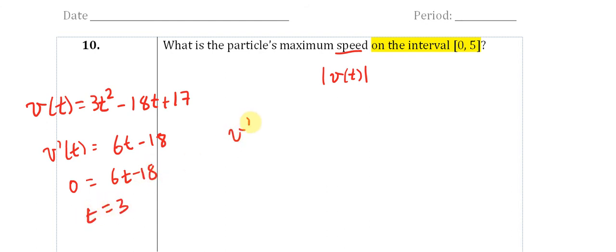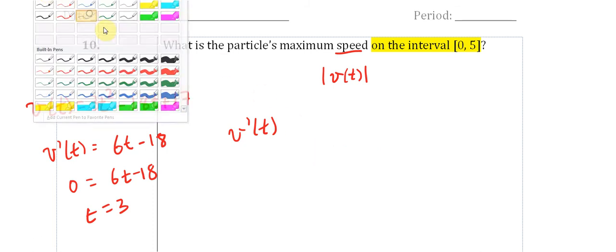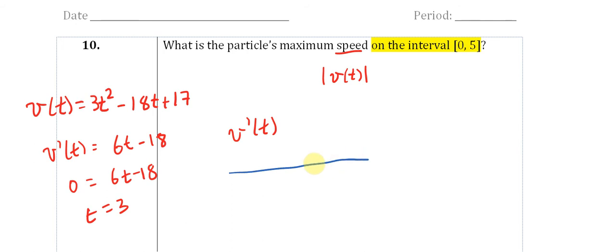Right, so this is v prime, and this is a little bit redundant, so I'm going kind of fast. V prime. So we have this 3 right here. V prime is going to be negative here and positive here. So here we have a min. Right?